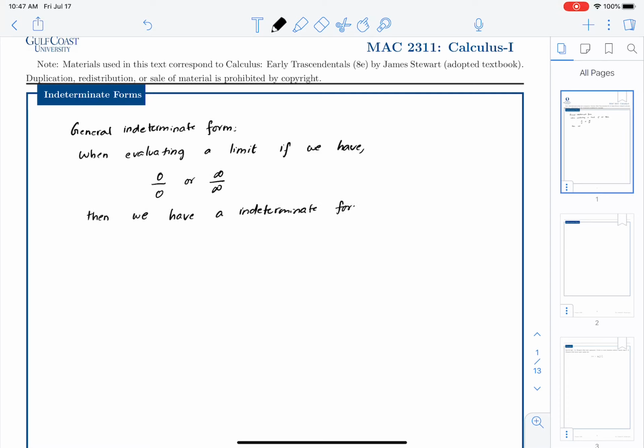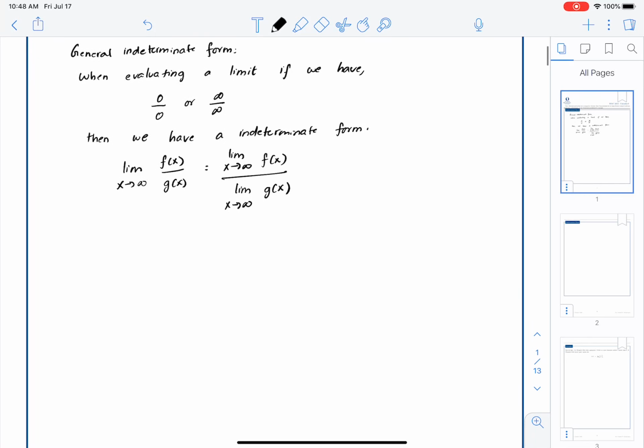So for example, I have limit x approaches infinity, f of x over g of x, and we know if we have a quotient, we take the limit of the numerator and we take the limit of the denominator, and if the limit, it doesn't have to be infinity, it could be some a, so I'm just going to say a.